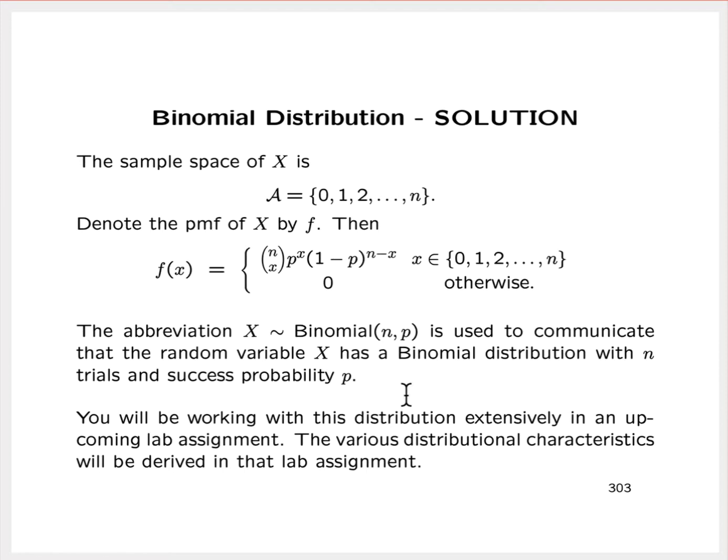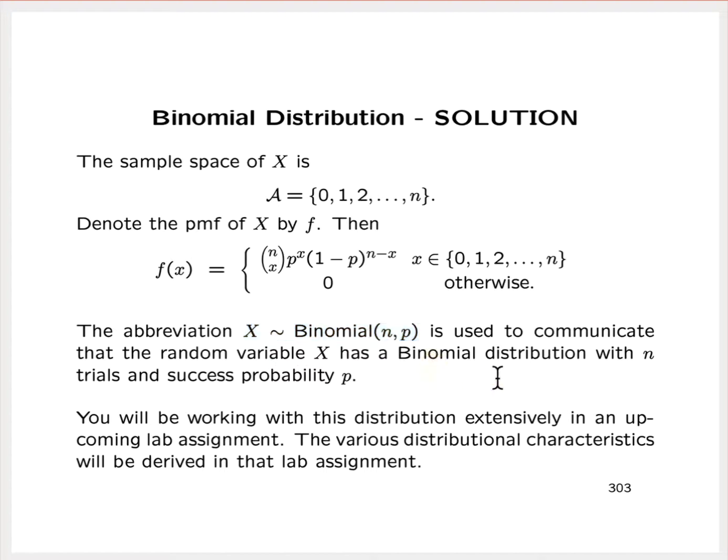Now to communicate that X has a binomial distribution based on n trials and success probability p, we would express that this way. Again, that tilde is the conventional way in statistics to abbreviate the expression "is distributed as" or "has this distribution."